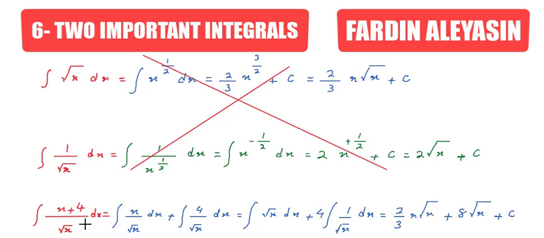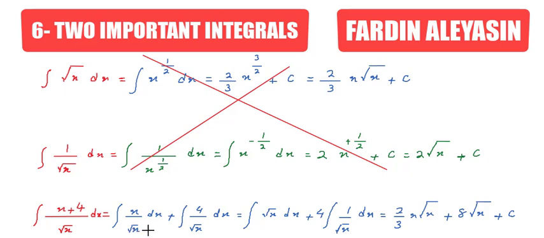So take a look at this example. This integral is separated into two integrals. The first one, x over the square root of x dx, and the second one, 4 over the square root of x. The first one is simplified as the square root of x, because the power of the top is 1 and the power of the bottom is really 1/2, which you have to subtract.